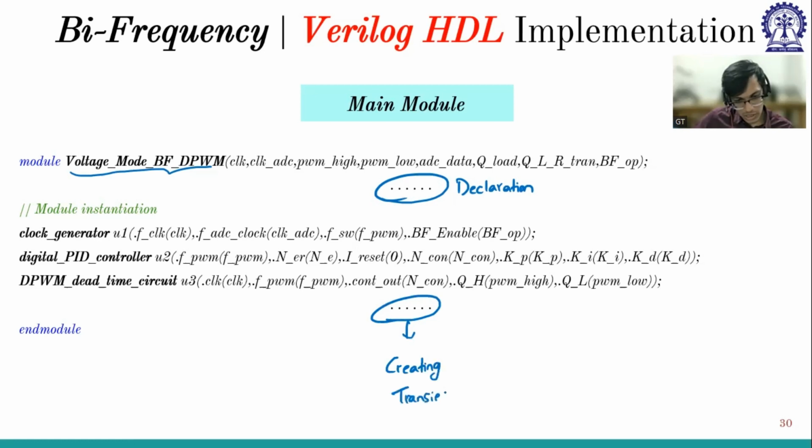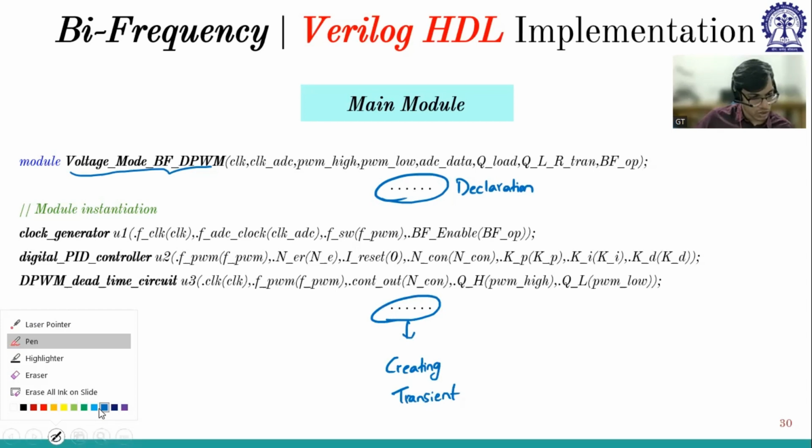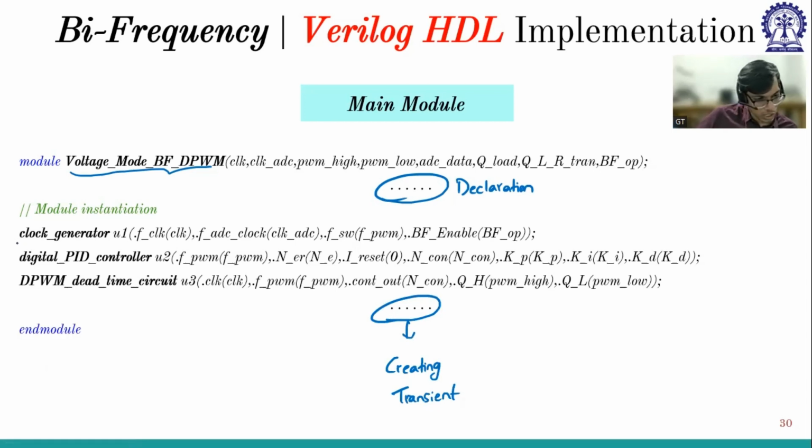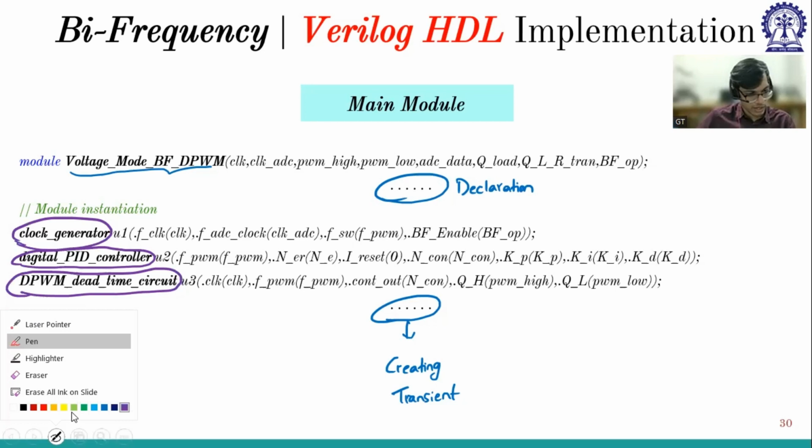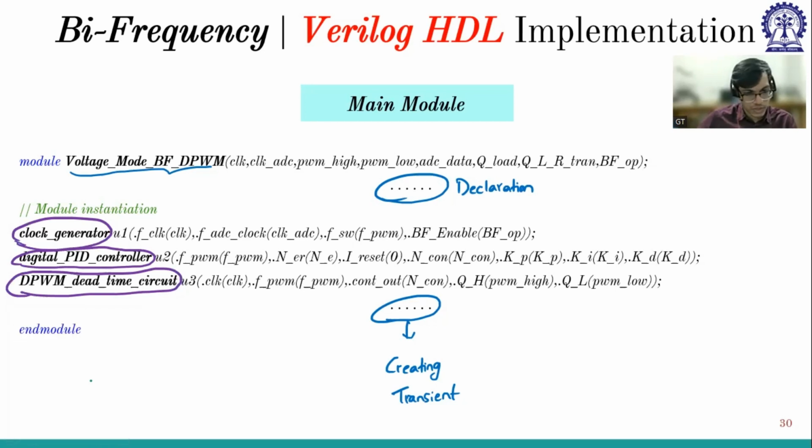Similar to voltage mode control, it has a clock generator, a digital PID controller, and a DPWM type circuit also. Only the change will be this part, FSW, FPWM. In the case of normal digital voltage mode control, we have only a single FSW.